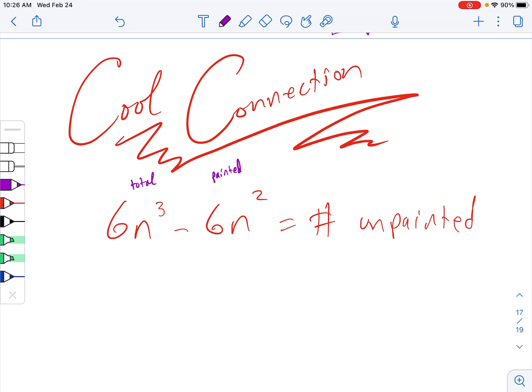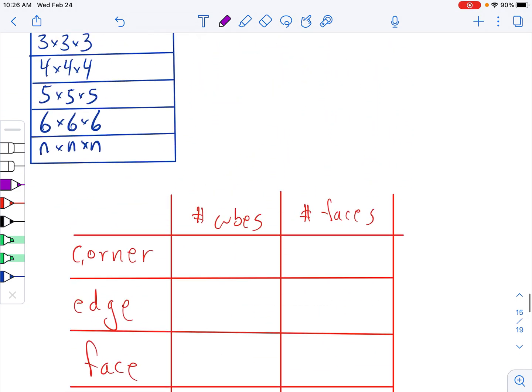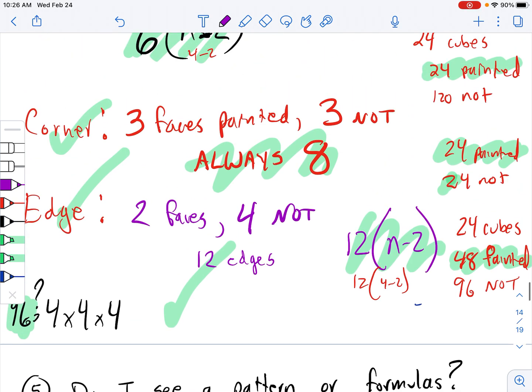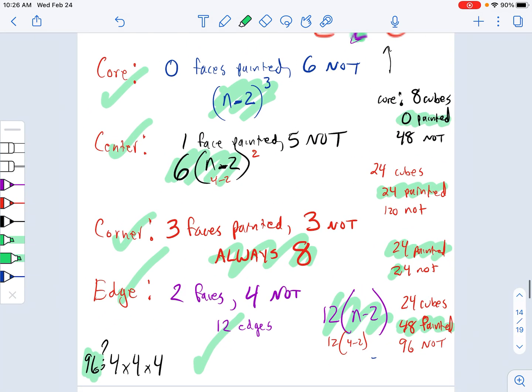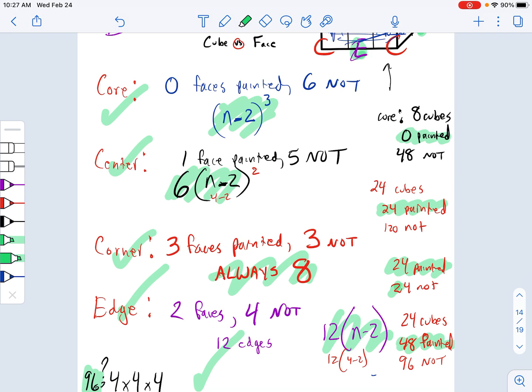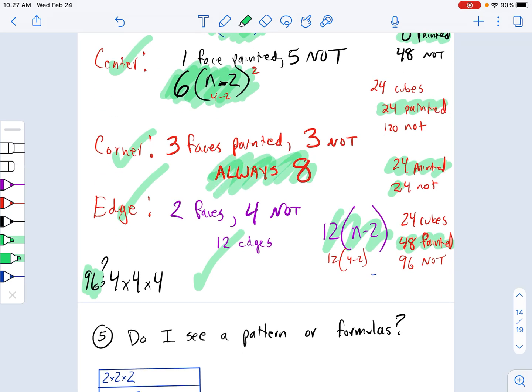So, shouldn't, when you go back up here and you add up all of these formulas for the number of faces painted, so this would be 0 faces painted get there. This is the number of centerpieces. You just multiply that by 1. This is always 8.